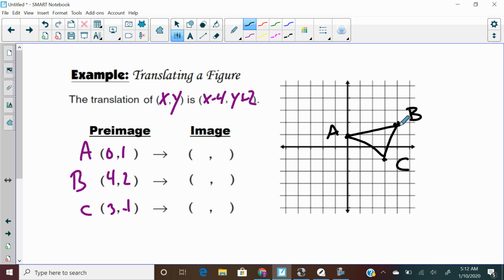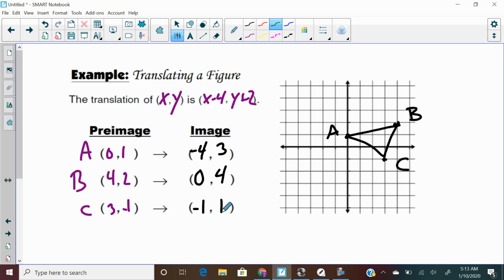my original shape. So if I subtract 4 from my x values and add 2 to my y values, I get (-4, 3), (0, 4), and (-1, 1).